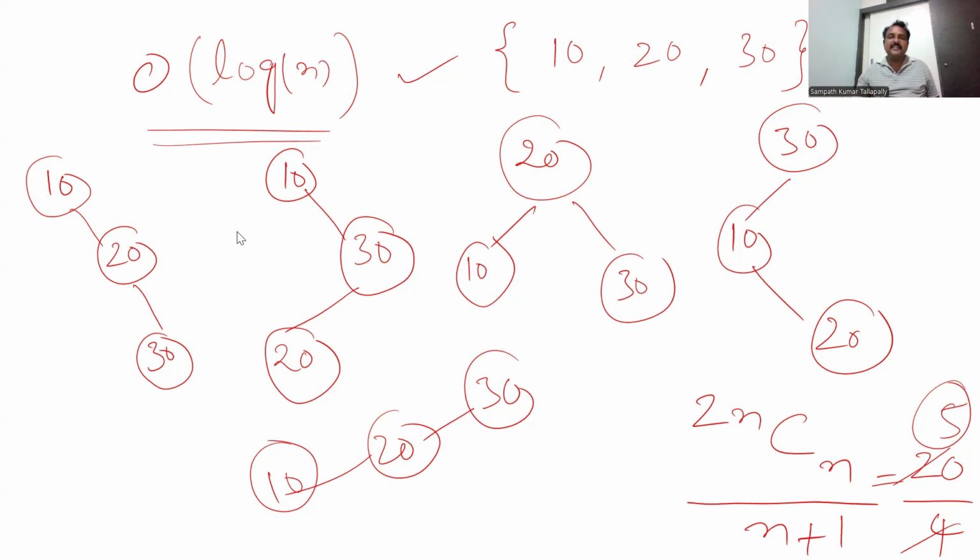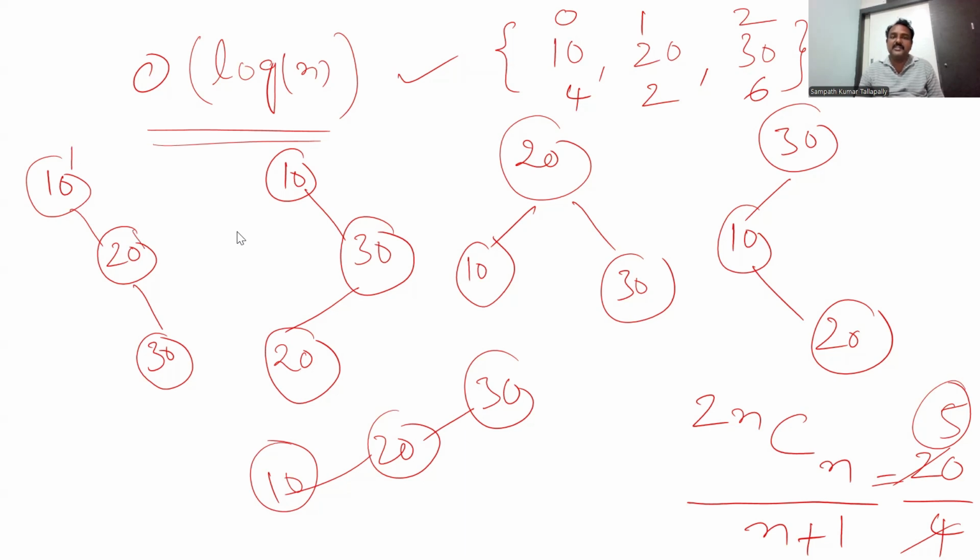Suppose I say the frequency of searching this element is 4, the frequency of searching this element is 2, and the frequency of searching this particular element is 6. So we are going to give the numbers as 0, 1, and 2. See here. Now if I have a binary search tree in this manner, 10, 20, 30, the number of conditional statements I need for checking whether this number is there or not in the tree is 1 conditional statement.